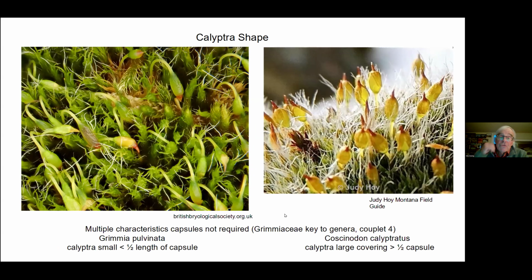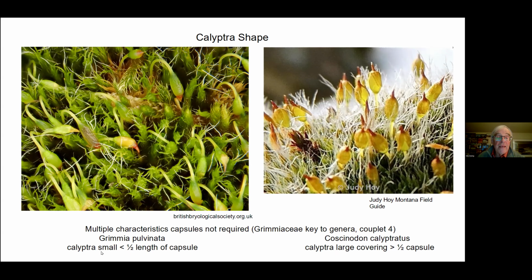The calyptra is also used as a way of separating species. In the Grimmiaceae key again, but this is the key to the genera, couplet 4. The calyptra is used to distinguish these two species. Or actually, it's not really the shape; it's really the size of the calyptra.